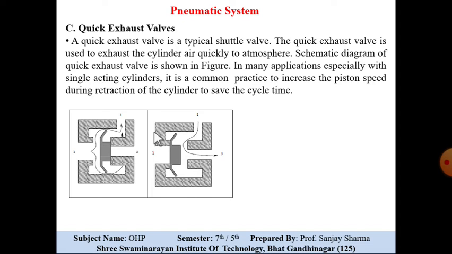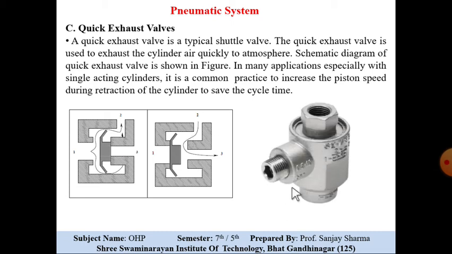For example, in single acting, where return stroke we require very high speed, in that case the quick exhaust valve is required, so that the return stroke becomes very fast and the time is saved. So this is how the quick return valve or quick exhaust valve looks like.